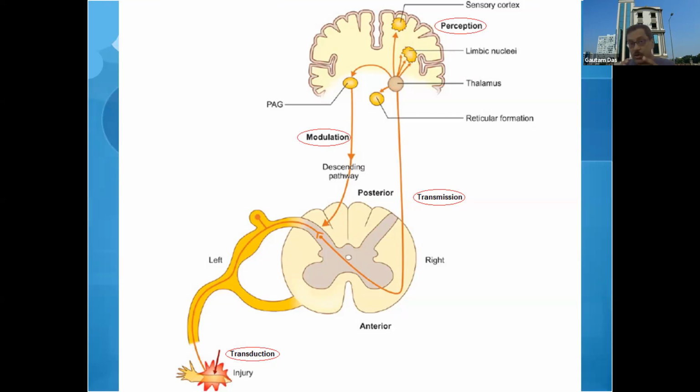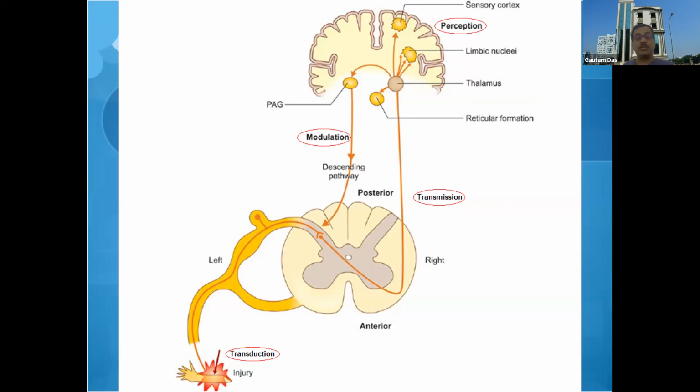So these nociceptors are converting one kind of energy into electrical energy, and this process of conversion of energy into electrical energy or electrical action potentials is known as transduction. This is one of the very basic things to understand nociceptive pain.